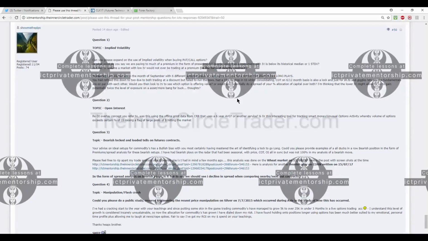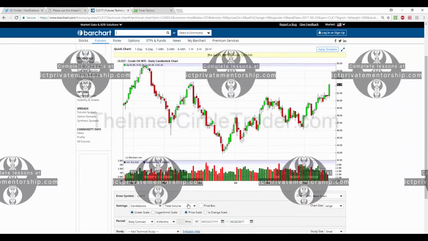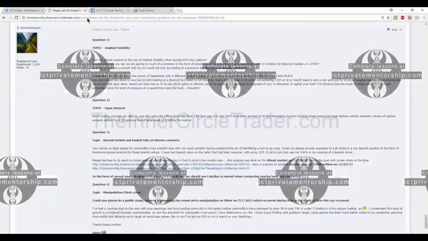There's no secret to it. Any other time I use open interest is off of barchart.com using total volume, which I just did here with the crude oil market. When you're doing barchart, just use that, not contract volume.